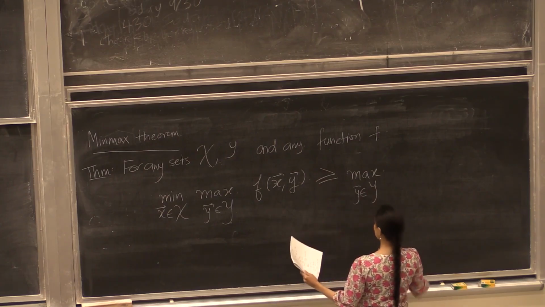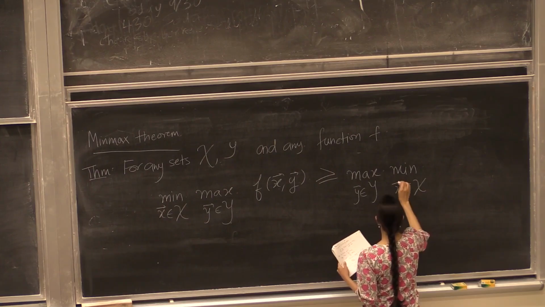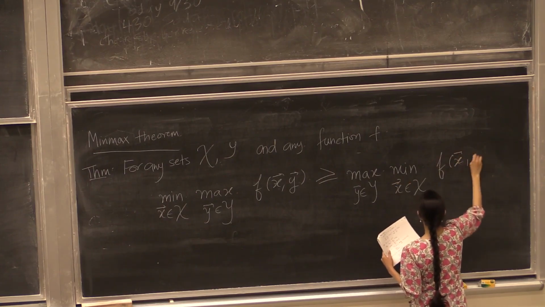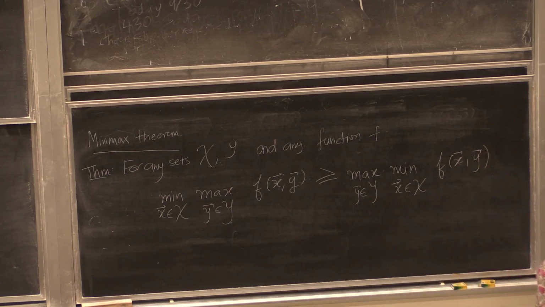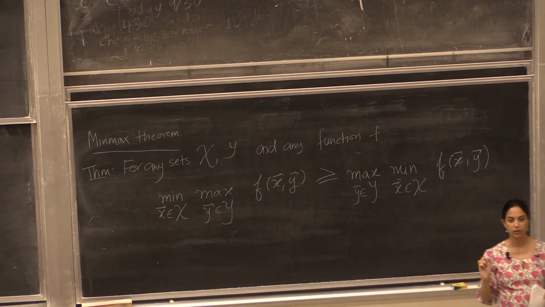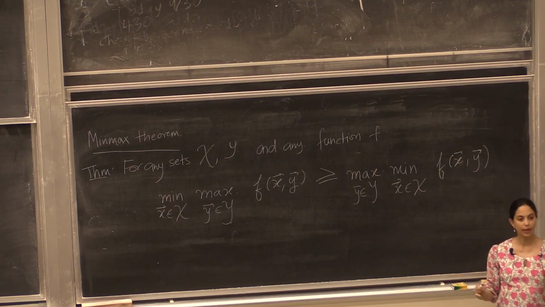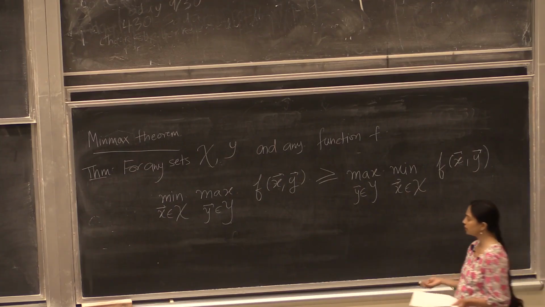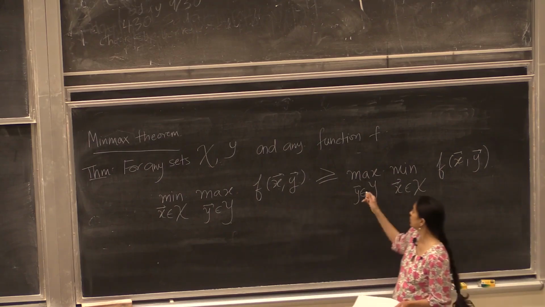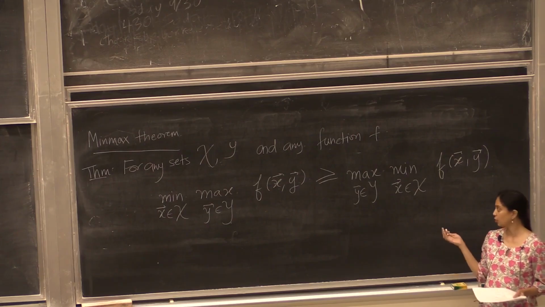Max comes first. Make sure I'm writing this correctly. Yes. So what this theorem is saying is that if I have some function of two variables, x and y, and I'm minimizing this function over x, but maximizing it over y, so the two different variables are trying to do two different things, then the min max is always larger than the max min.